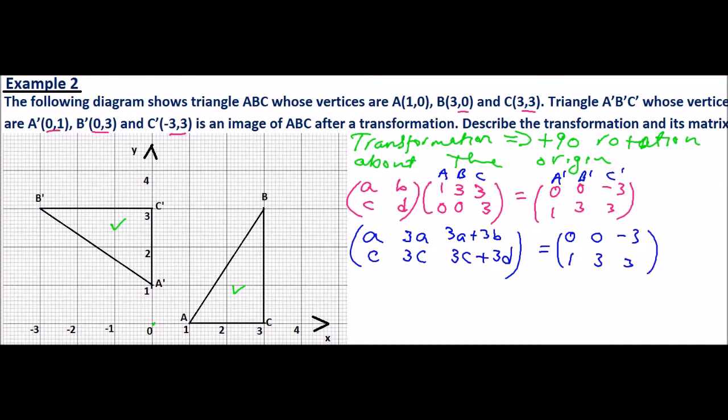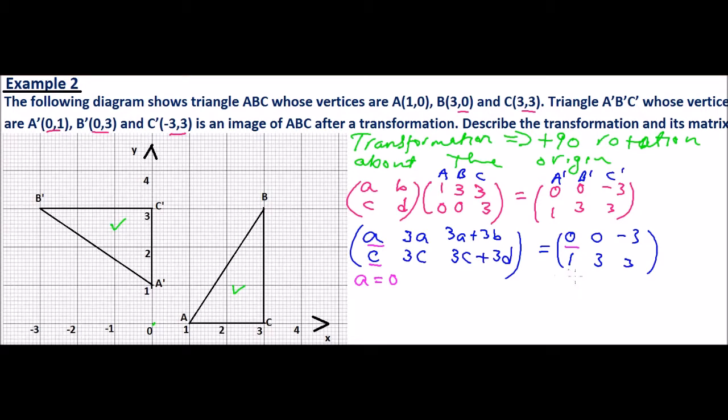From our matrix, we can clearly say that these two matrices are equal, and therefore the corresponding elements are equal. Therefore, our A is equal to 0. That is direct. What about our C?